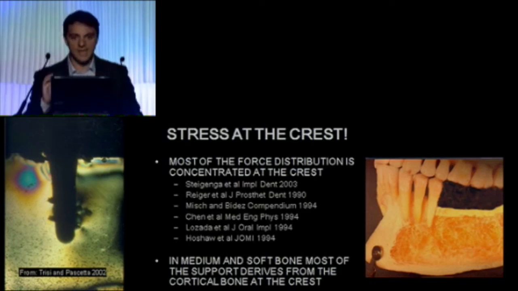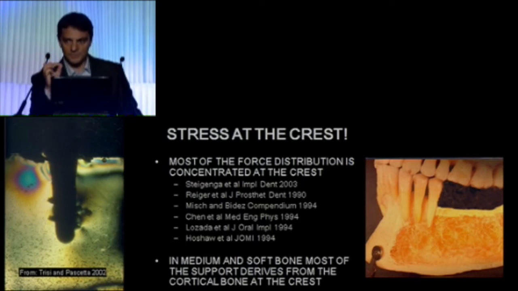So the neck is the area which suffers the most when you start loading, particularly at the beginning when the cancellous part of the bone is not yet mature. It's still very brittle. And at this particular moment, when you start loading, the crest is the highest loaded area of an implant. And this could be the reason why we so often find bone loss in this area.